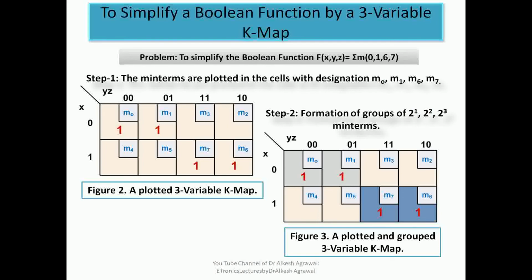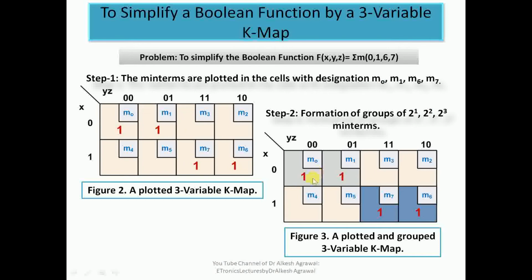So we can have a group of 2 power 1, then a group of 2 power 2. 2 power 1 means a group of 2 min terms. 2 power 2 means a group of 4 min terms, or 2 power 3, that is a group of 8 min terms, because we have only 8 min terms in total, so we cannot go beyond. In this example we have groups of 2 min terms. In another example we'll see groups of 4 min terms.